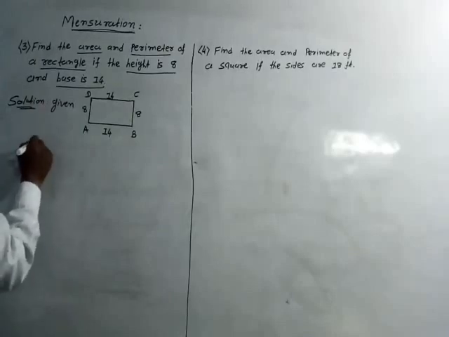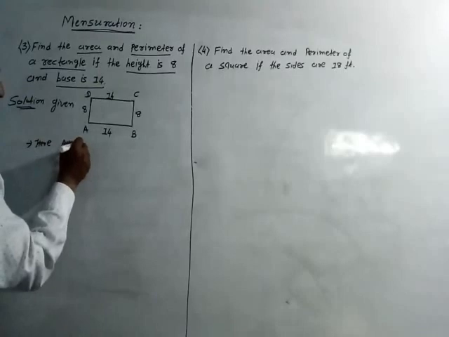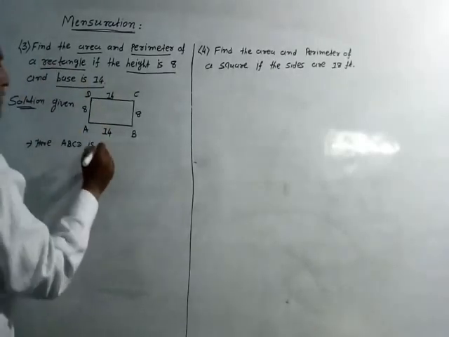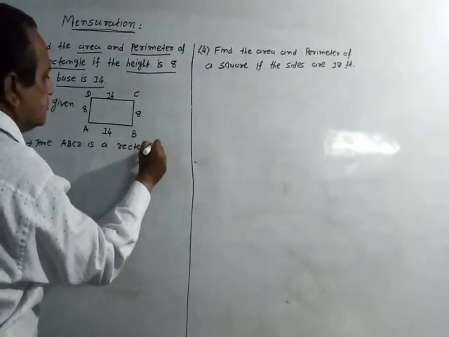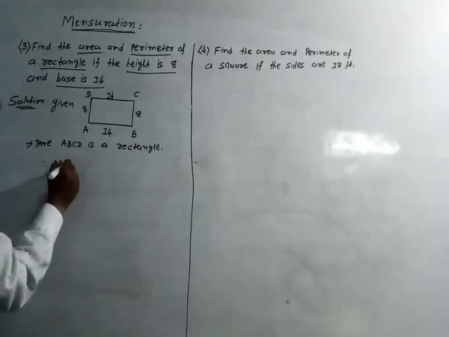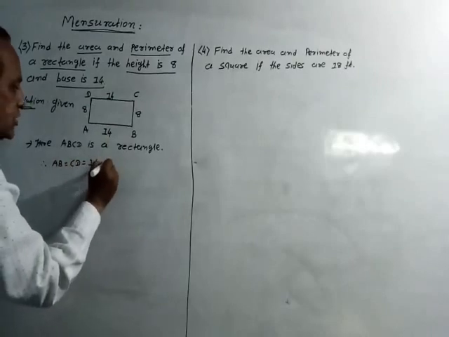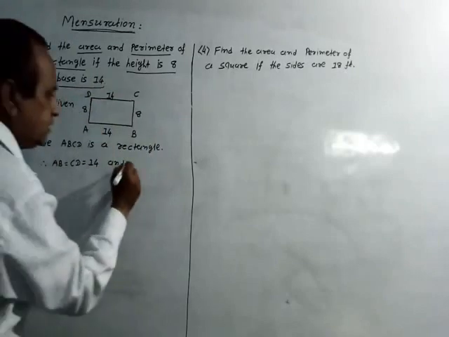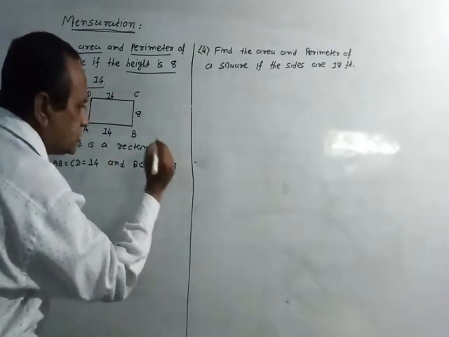Now here ABCD is a rectangle. So AB is the opposite side of CD, equal to 14 units, and BC is the opposite side of DA, equal to 8 units.